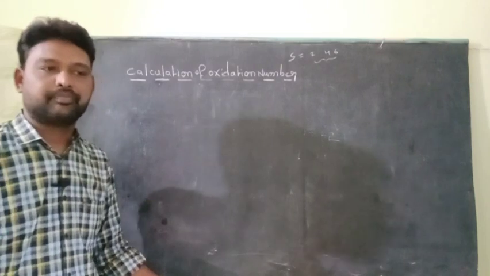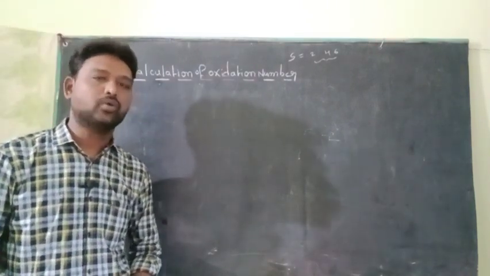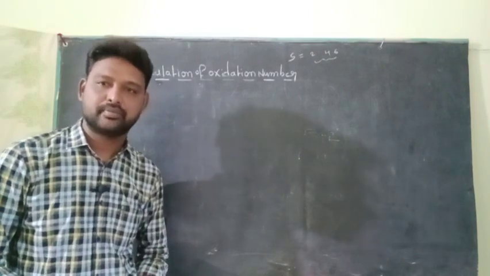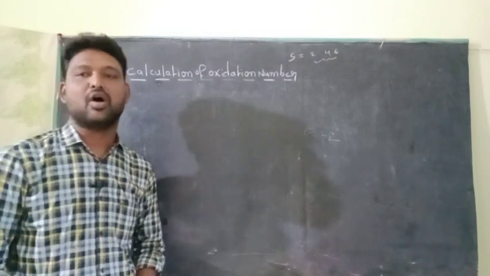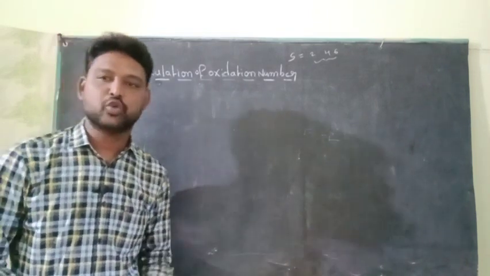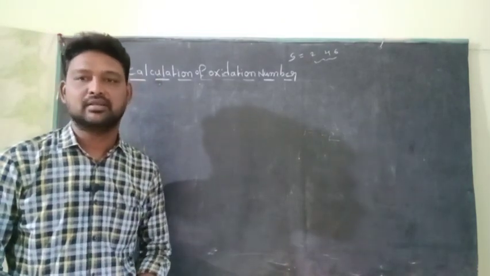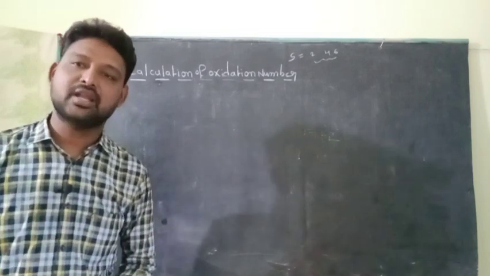Given next another model, how to calculate the oxidation number in superoxides. In peroxides, the oxidation number of oxygen is minus 1. In superoxides, what is the oxidation number of oxygen?